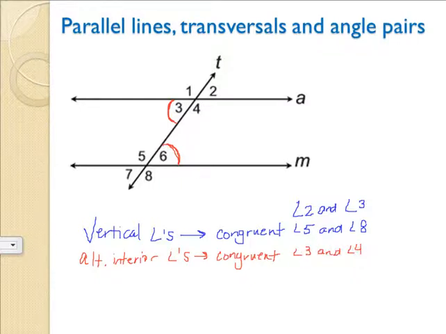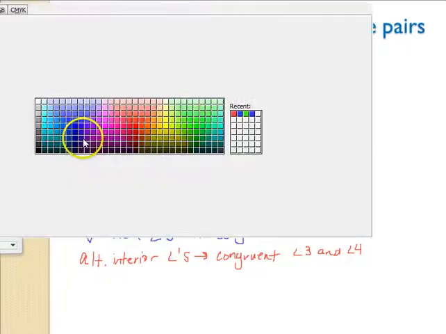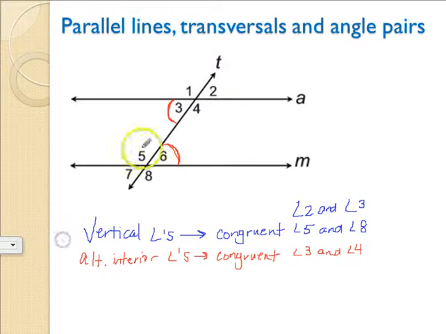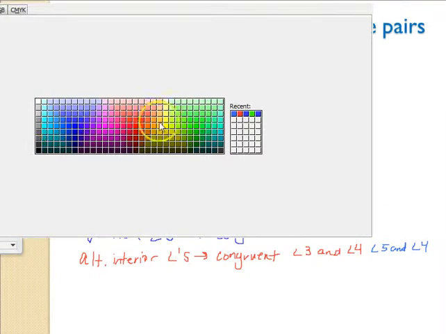And then there's only one other set. I want to change colors here. So 3 and, whoops, that said 3 and 4. That should have been 3 and 6. I apologize.